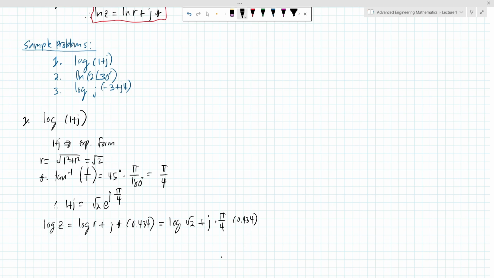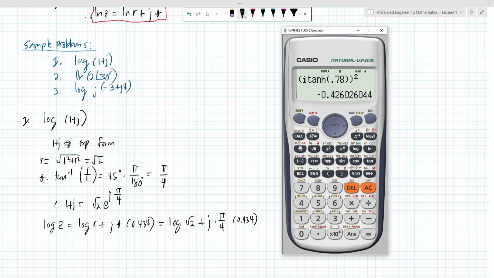Let us evaluate the terms here into decimal form. The log of the square root of 2 is 0.1505, let's say to 4 decimal places.